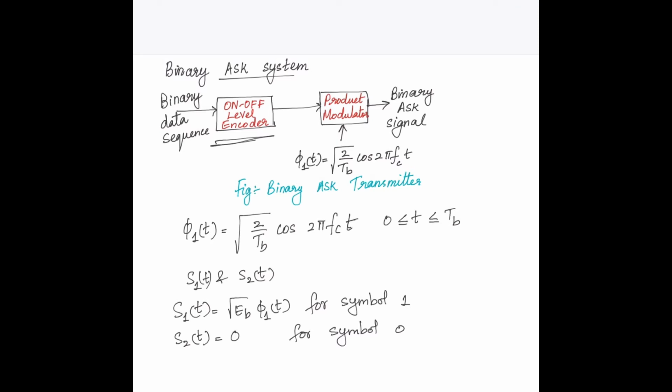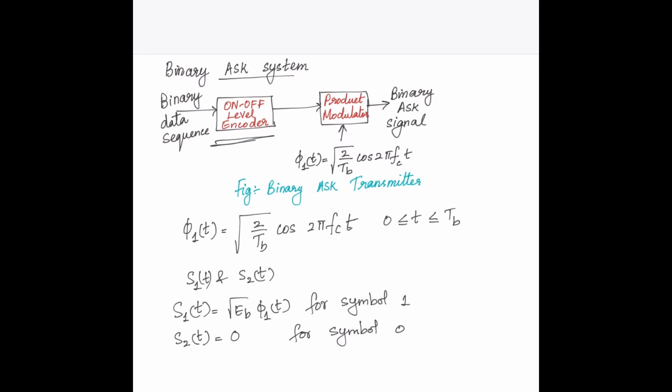Here the binary message signal is multiplied with the carrier signal in the product modulator, and the resulting output is the binary ASK signal. This is the basic representation of the binary ASK transmitter. It is simple: you obtain root of Eb into phi 1 of t for symbol 1, otherwise it is equivalent to 0.